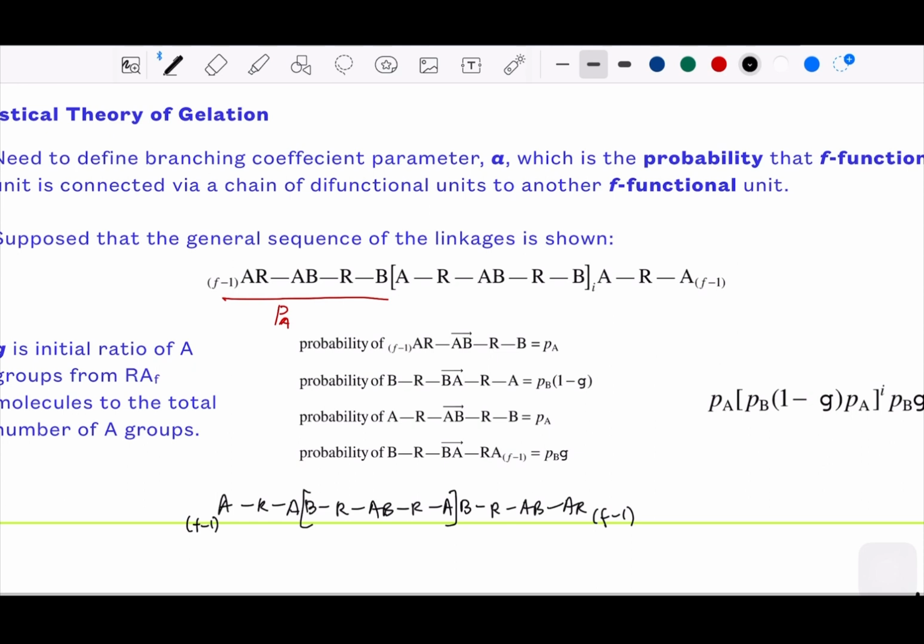So that's PA. So this is the same PA, AR, AB, RB.